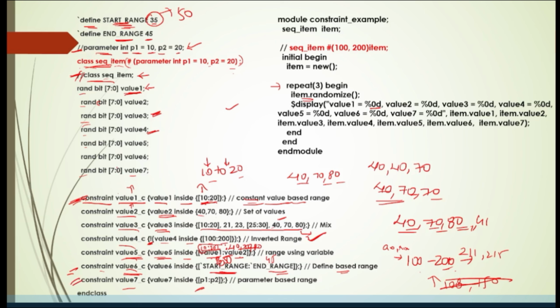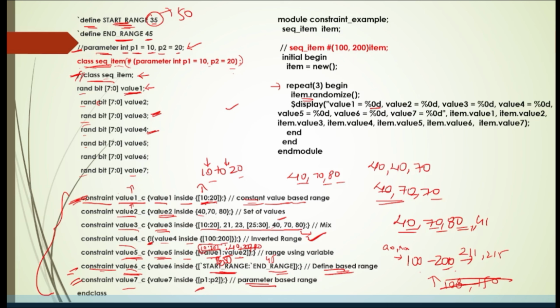The only difference is that when you declare a parameter and want to use it, you will write the constraint with the parameter based range. And when you declare some define constant and want to use it, you will use the define based range. So in this way you will be writing the constraints.